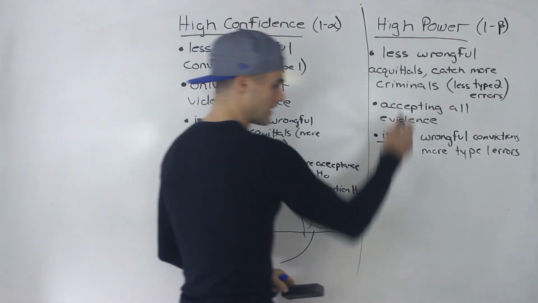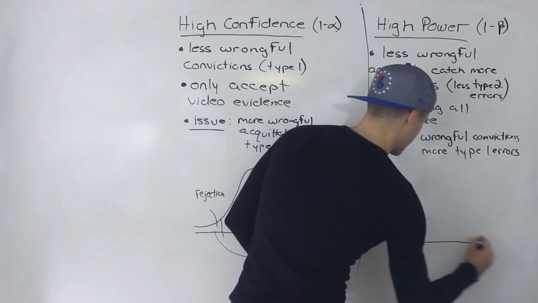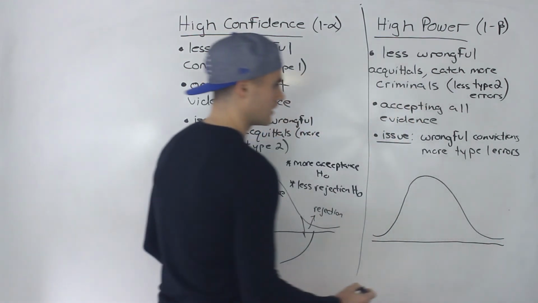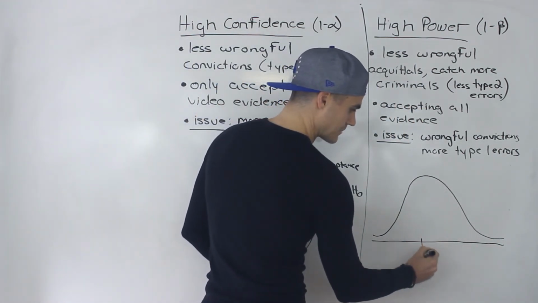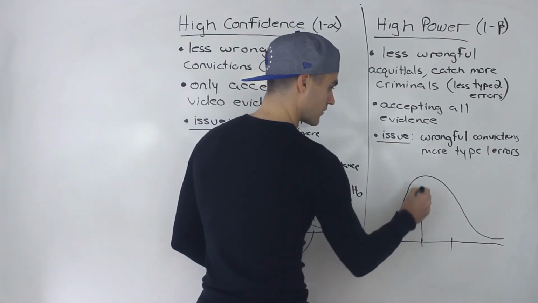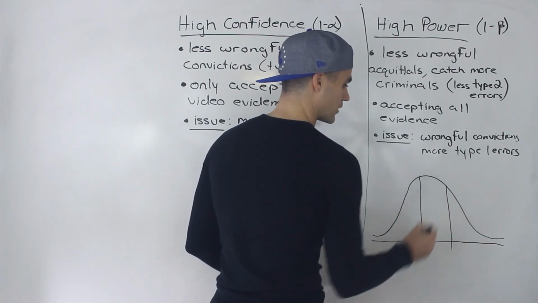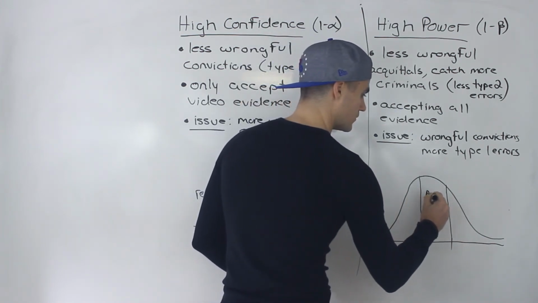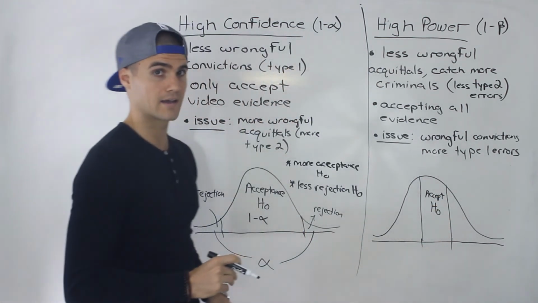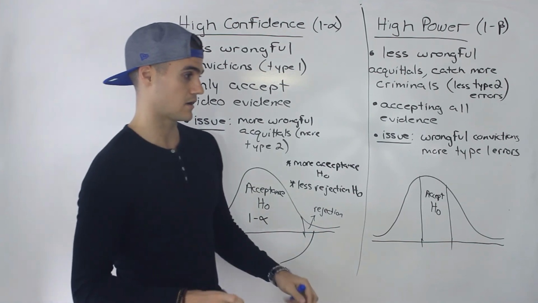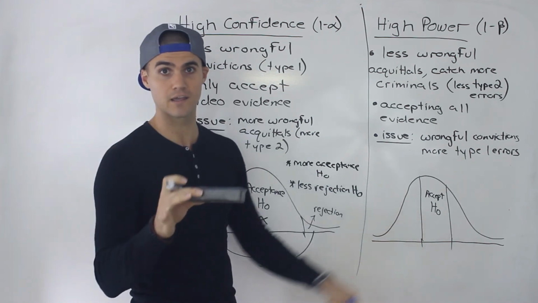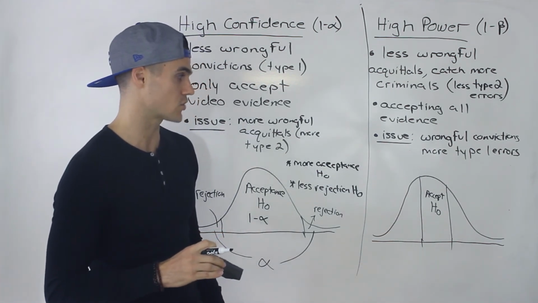And so the way this looks like in hypothesis testing is that the acceptance region is a lot more narrow, right? Because anything can go to trial. Everyone has a high chance of going to trial for something. Even if there's just a claim that you did something, it's going to go to trial.